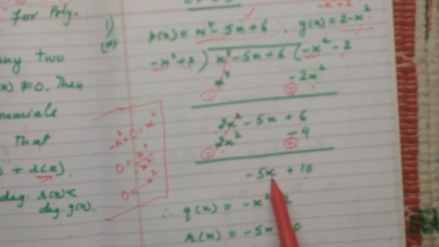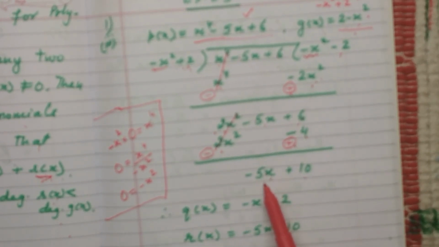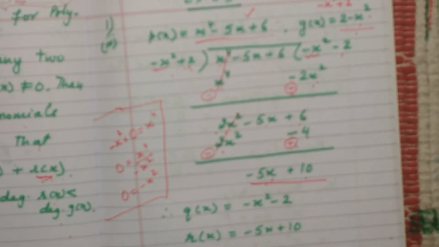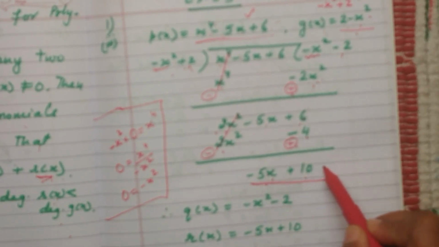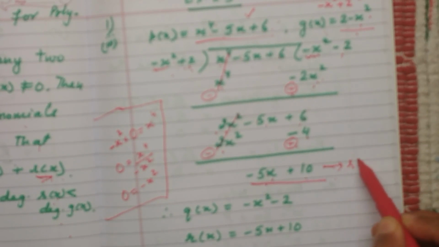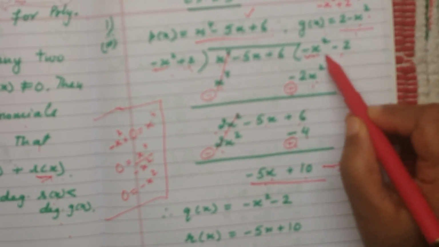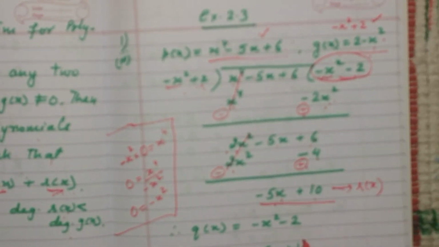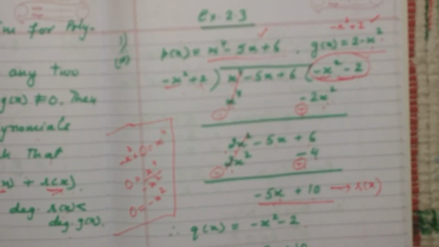And the degree here is 1. So the degree of the remainder is less than the degree of the divisor, so we stop dividing. This is my remainder r(x), and this is my quotient q(x). So write down the quotient is this, the remainder is this. In the question he wanted you to divide and write the quotient and remainder.